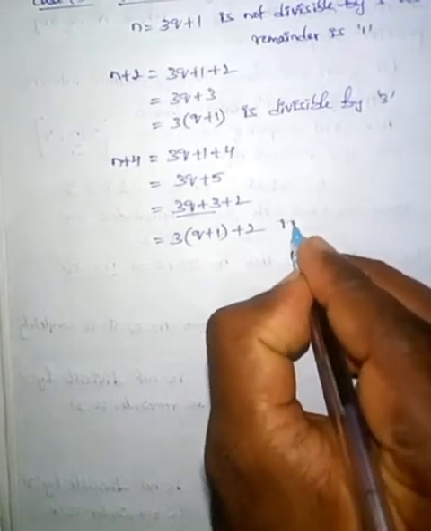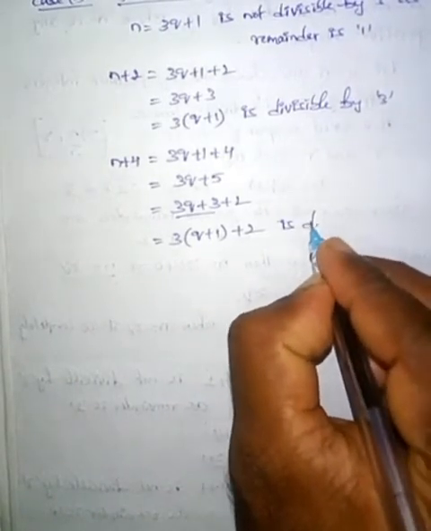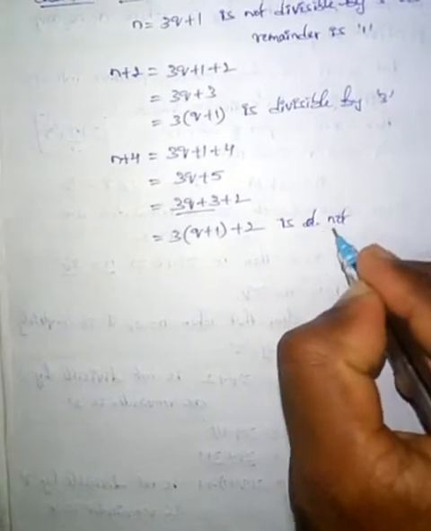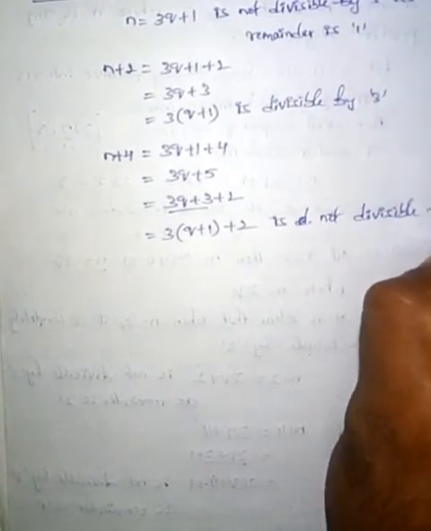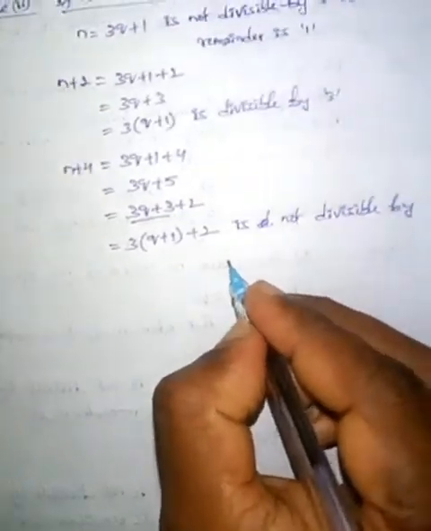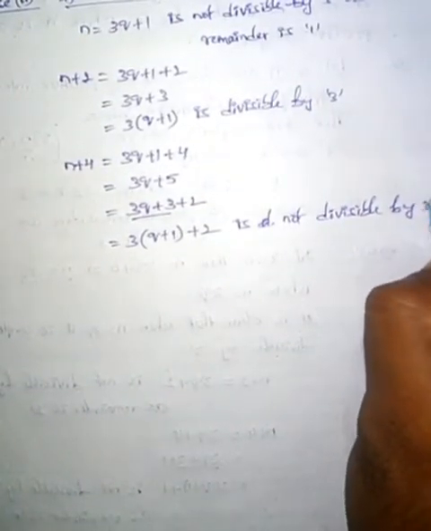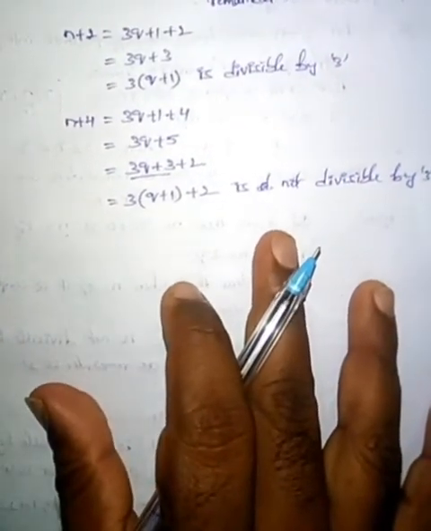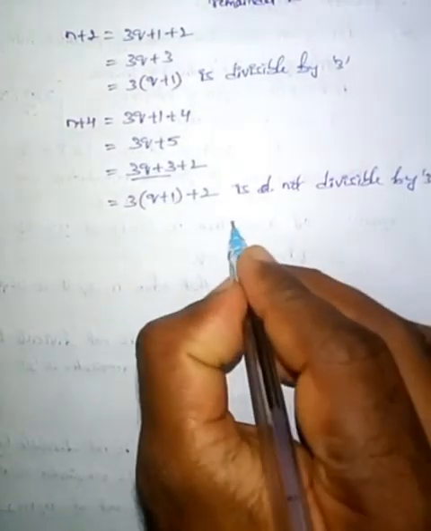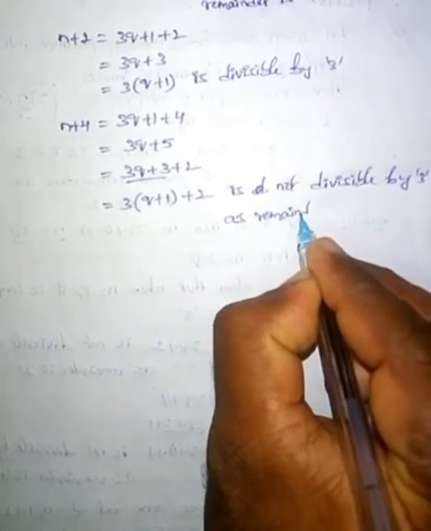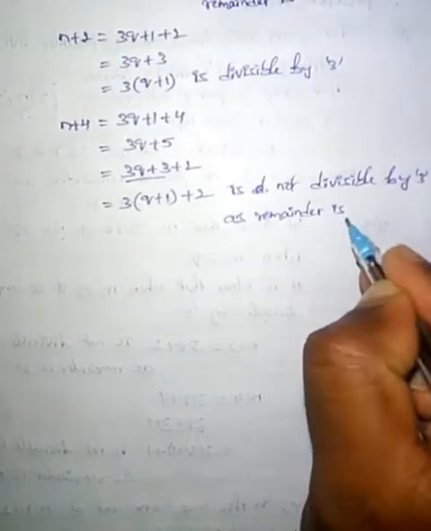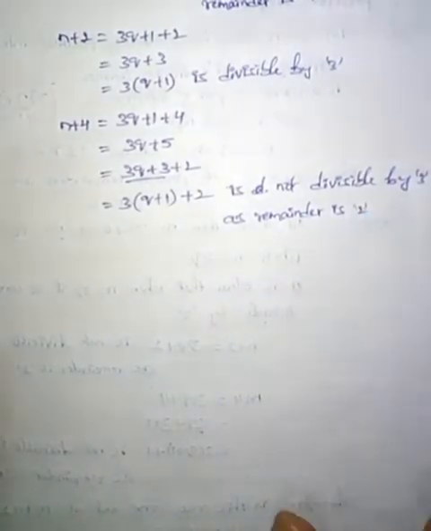So it is not divisible by 3, as remainder is 2.